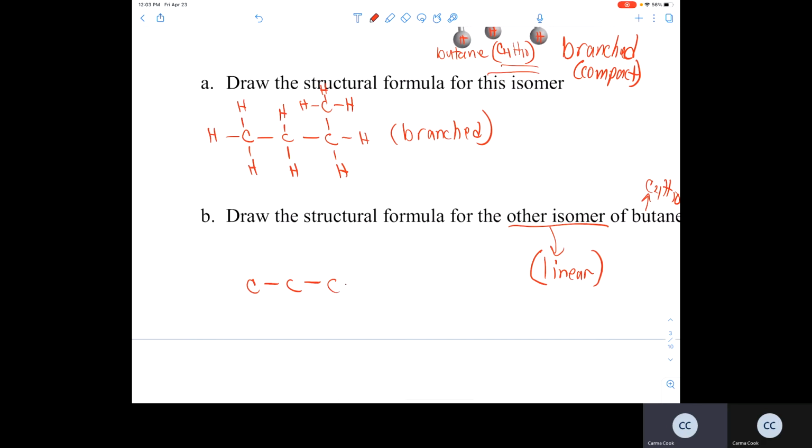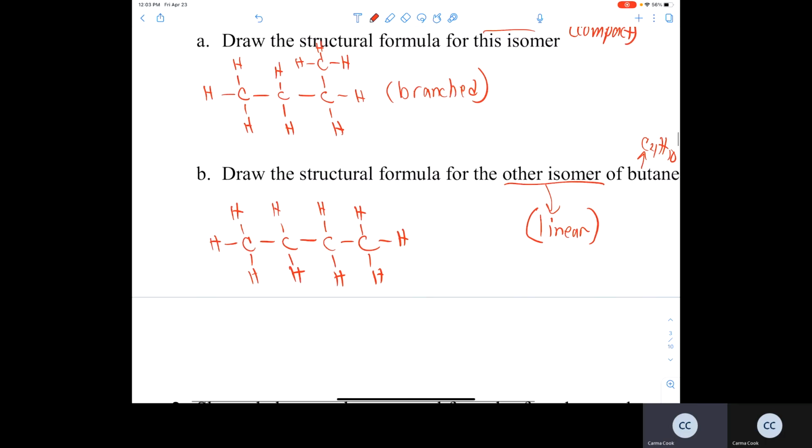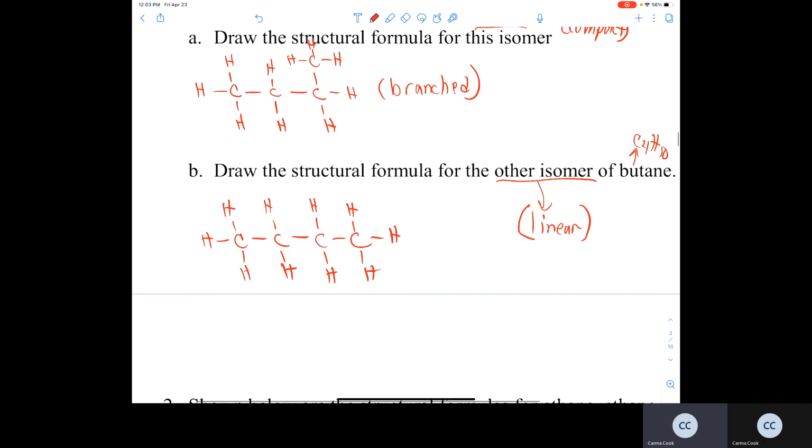So you're going to have your 4 carbons connected. You're going to have 3 hydrogens attached to the carbons on the end, and then 2 hydrogens connected to the carbons in the center. So this is the linear isomer of butane.